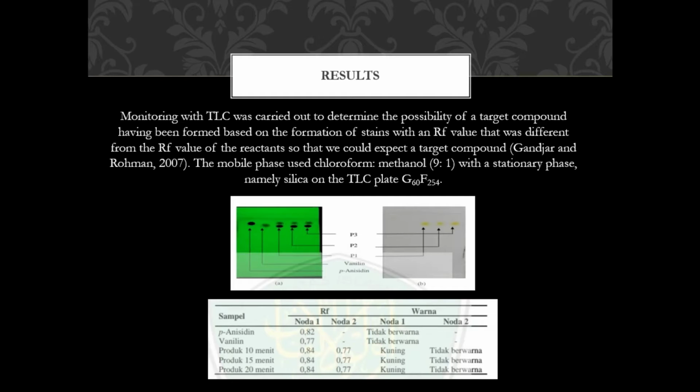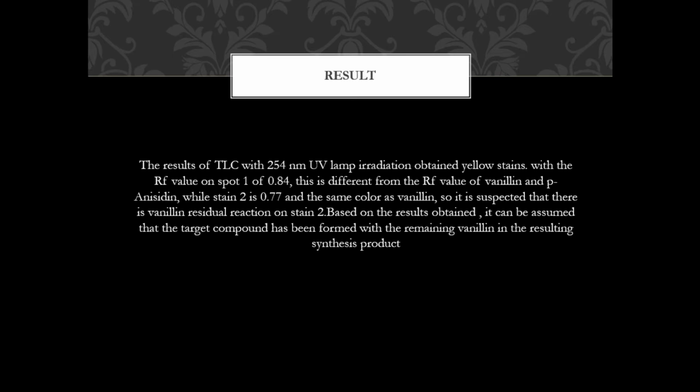The mobile phase used was chloroform and methanol at 9:1, with a stationary phase, namely silica, on the TLC plate G60 F254. The result of TLC under 254 nanometer UV lamp irradiation showed yellow stains with an Rf value on spot 1 of 0.04.